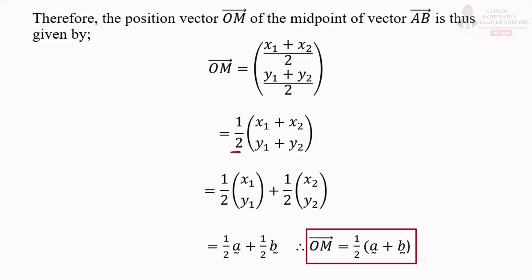And since this x1, y1 is the same as the vector A, then we just simply substitute. So we are going to have a half multiplied by vector A plus still a half multiplied by vector B. Therefore, the midpoint of the line AB or vector AB is given by a half the sum of the position vectors OA and OB.